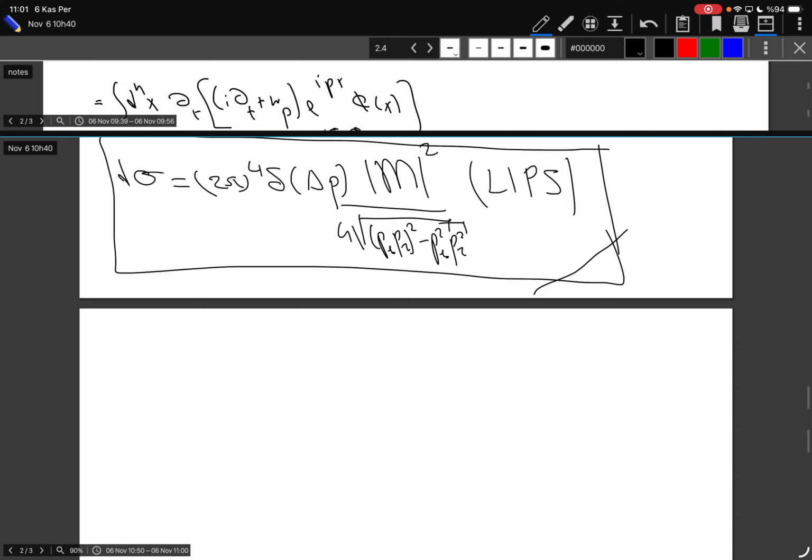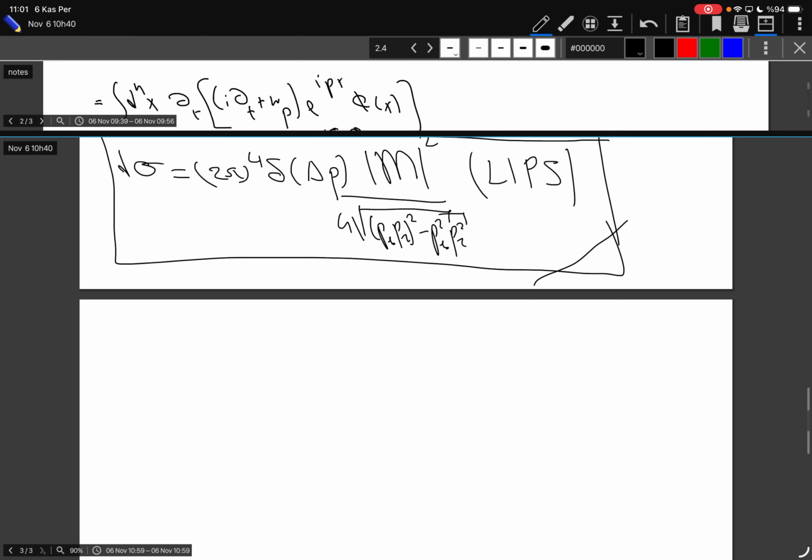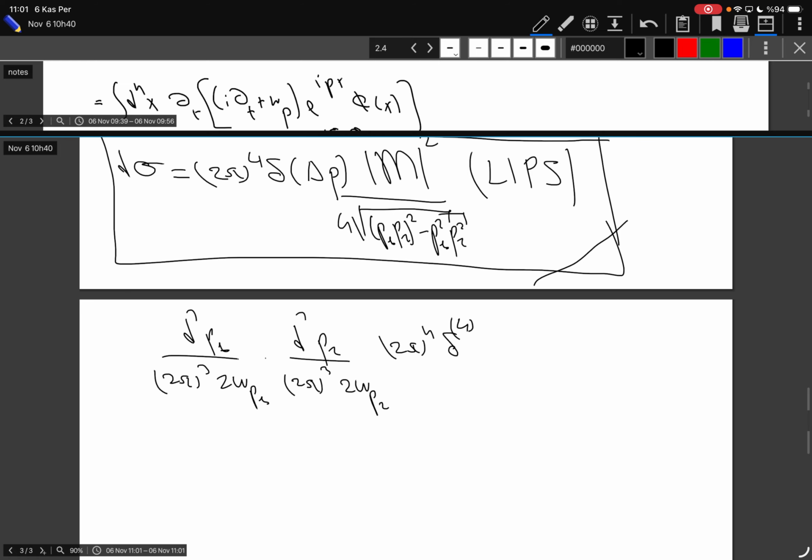Well, let's see, how do we integrate over this Lorentz invariant phase space factor? Well, let's try to do that. d³P1 divided by (2π)³ twice omega P1, d³P2 divided by (2π)³ twice omega P2, (2π)^4 Dirac delta to the 4, P1 plus P2 minus, let me just call it the total P. This is my energy momentum conservation.